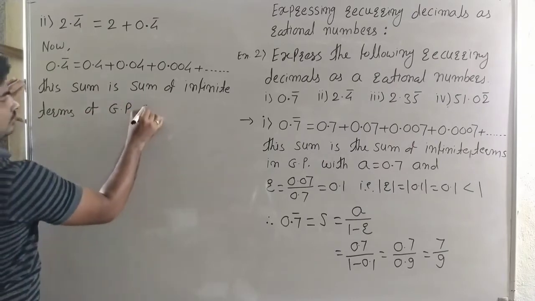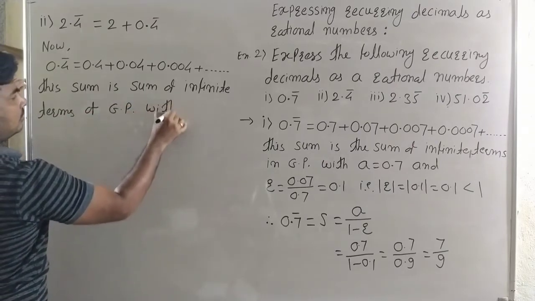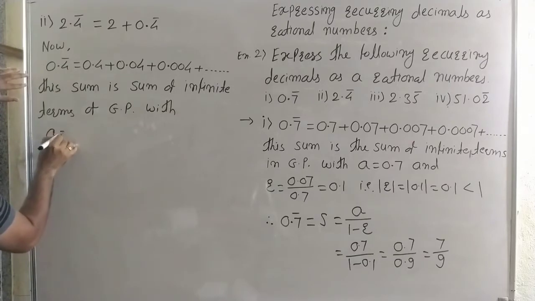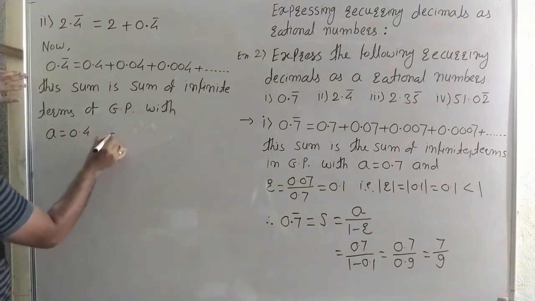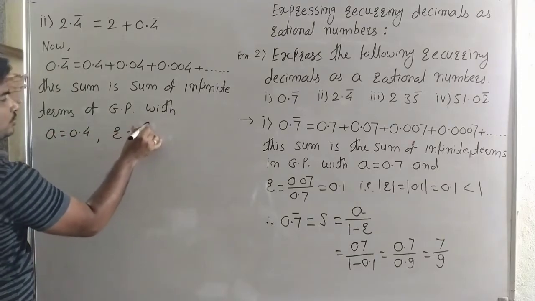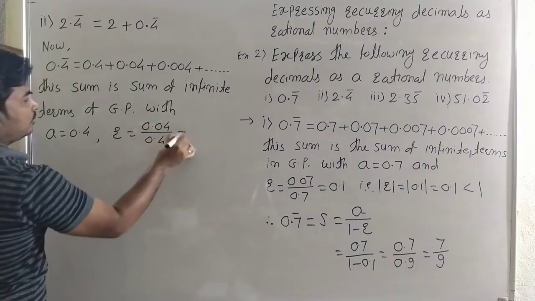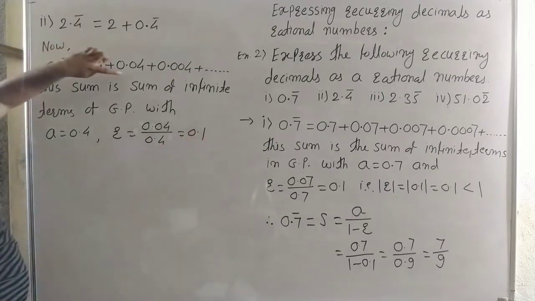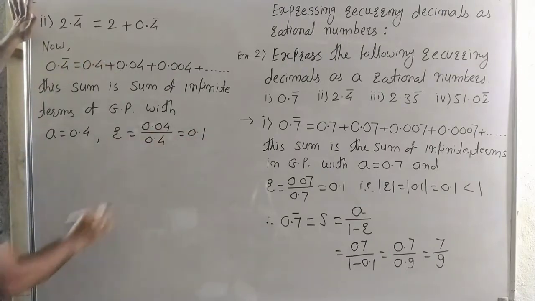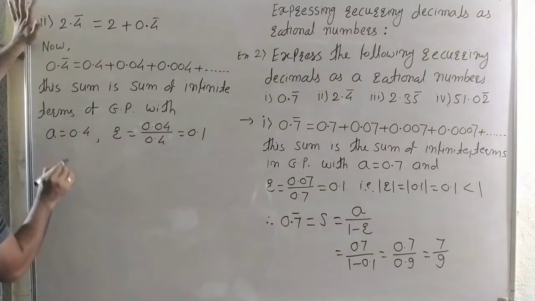Okay, with a equal to 0.4 and r equal to 0.04 upon 0.4, that means again 0.1.